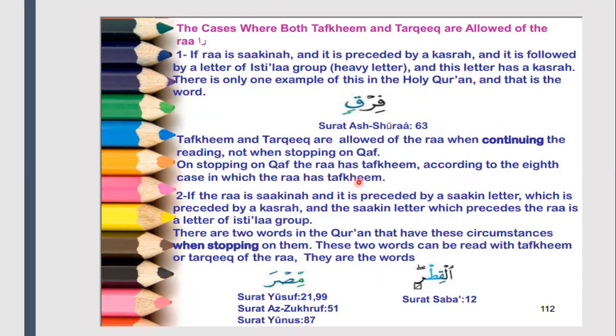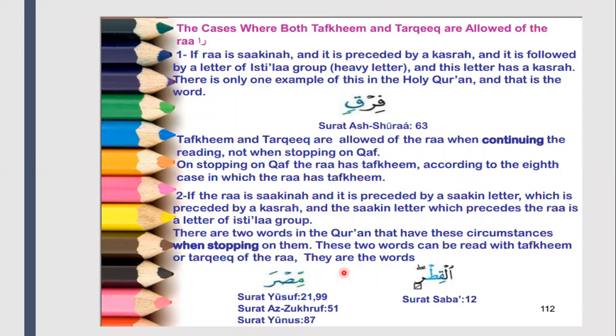So this is one of the cases we saw before in the first video. If the Ra is Sakin and is preceded by a Sakin letter, which is then preceded by a Kasra, and the Sakin letter which precedes the Ra is a letter of isti'ala group.